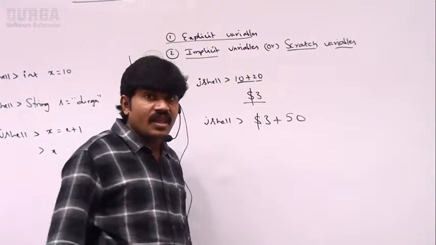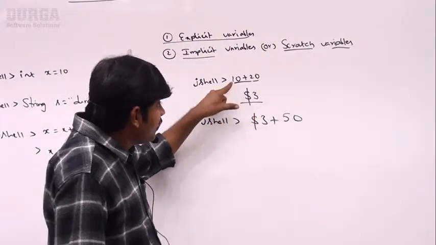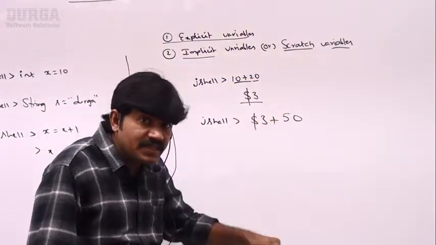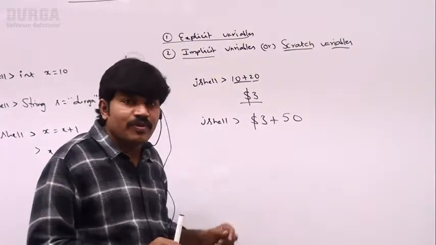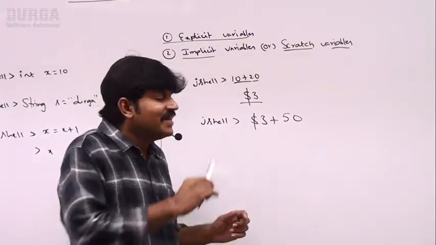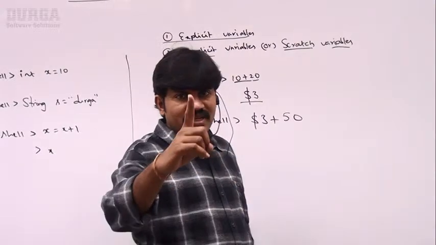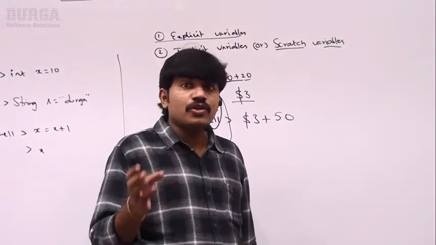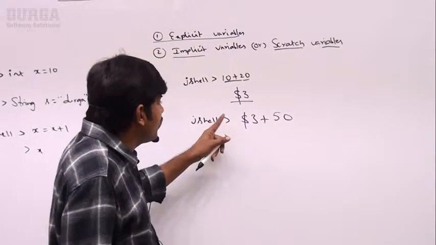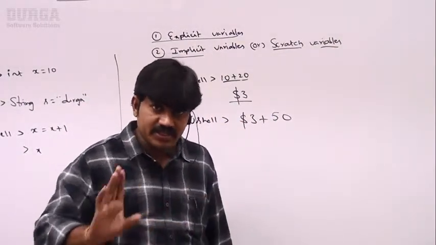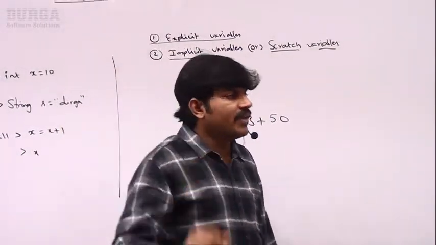What is the value of $3? 30. 30 plus 50 is 80. To hold that 80, another scratch variable will be created by default. Remember this. The conclusion here is we can use scratch variables also based on our requirement in our coding snippets. No restrictions at all. Clear, right? Have a look once.